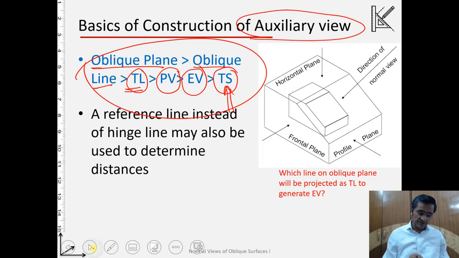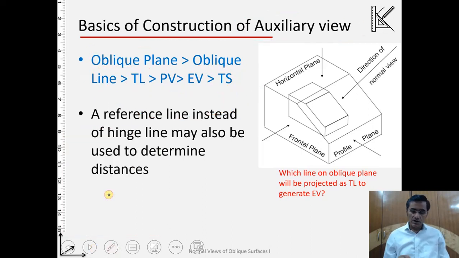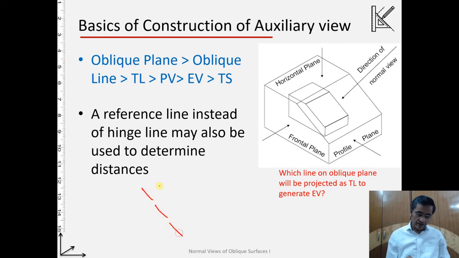One more concept here. So far you are observing that mostly the distances are measured from the hinge line. What is the meaning of this? There is one hinge line here, another hinge line here. Say this is A1, A2 and A3, so there are three auxiliary planes.